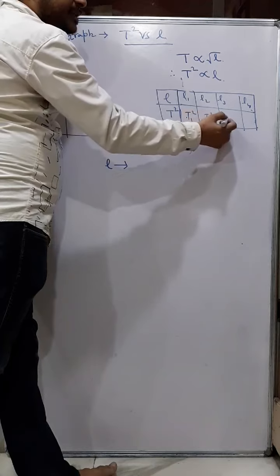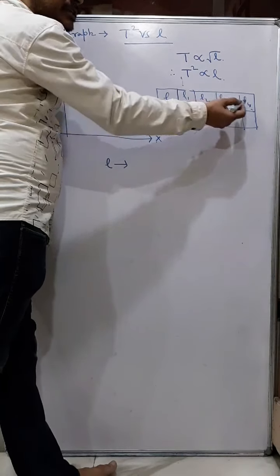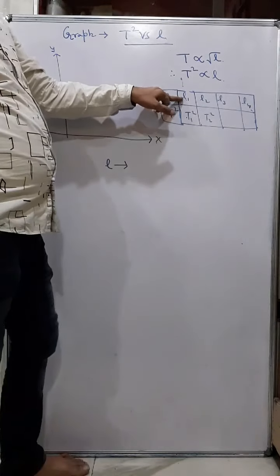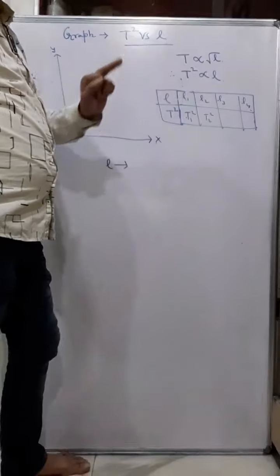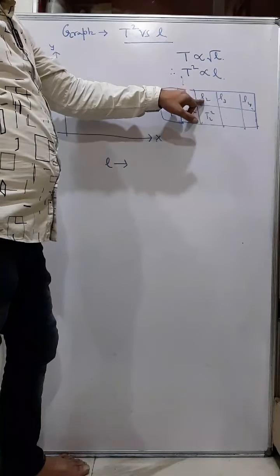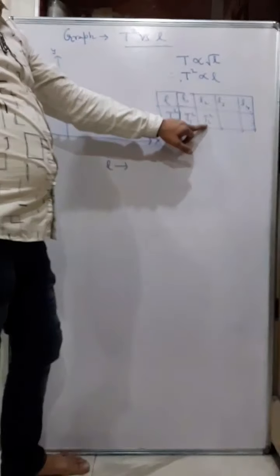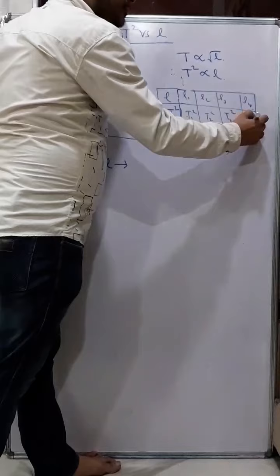These are different time periods because the length of the pendulum is changing. Understand? I am taking pendulums of different lengths. First I take a pendulum whose length is L1, so its time period is T1. Then I change the length to L2 and get a different time period T2, then L3 and T3, and L4 and T4.